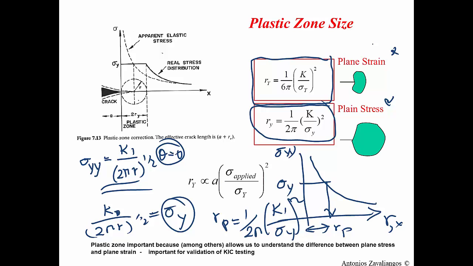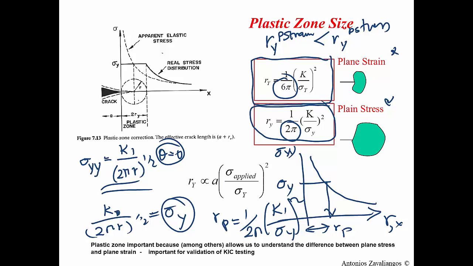The first one is the fact that for the same K, stress intensity factor, the plastic zone for plane strain is smaller than that of the plane stress. Can you see that? Here we divide by 2 pi, and here we divide by 6 pi. So the yield zone for plane strain is smaller than the yield zone for plane stress.